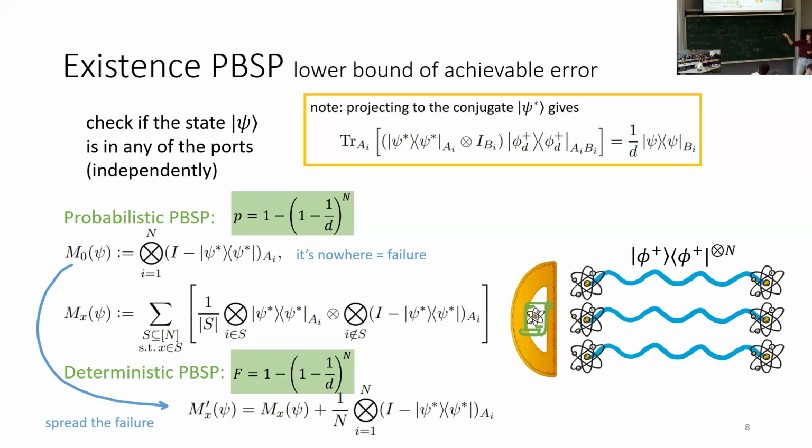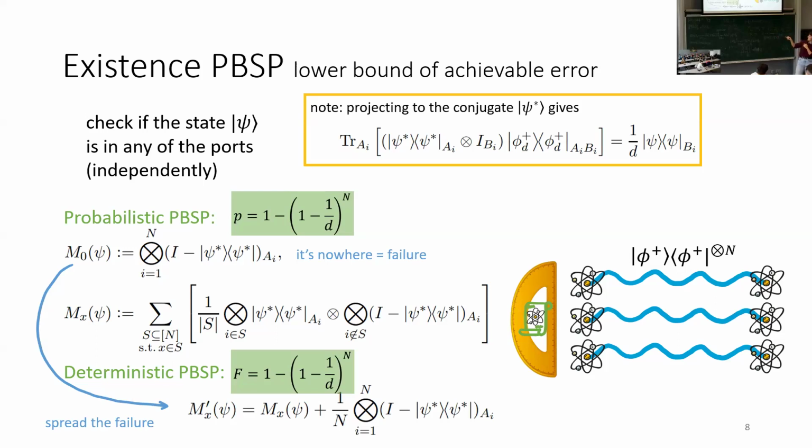That's exactly the same fidelity as the probability of success of the probabilistic port-based preparation. These two things are different in general for teleportation, but because of how we constructed this measurement, when you calculate the fidelity, the failure part doesn't contribute anything because it is orthogonal to the state that you want to project. So that's why they are the same.